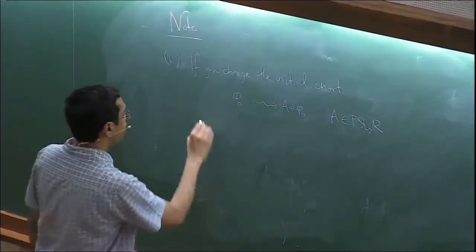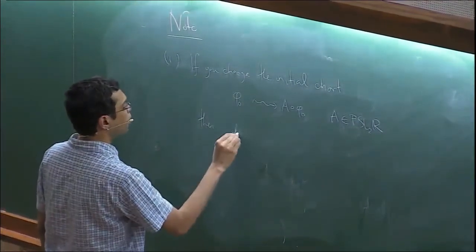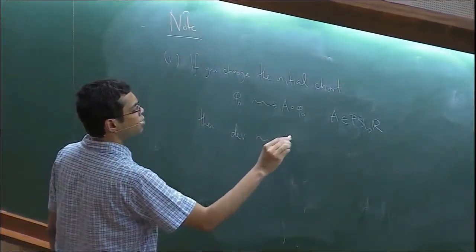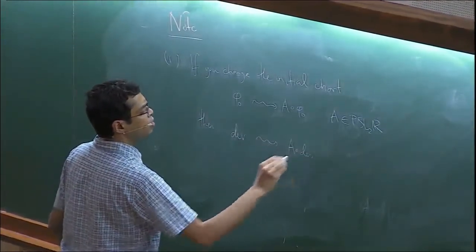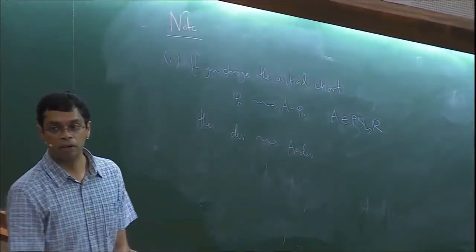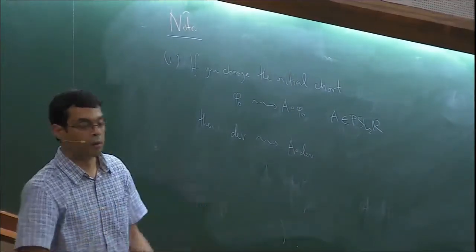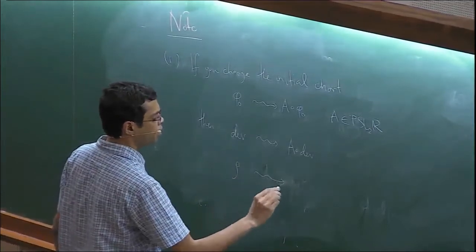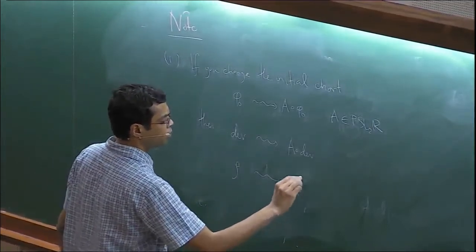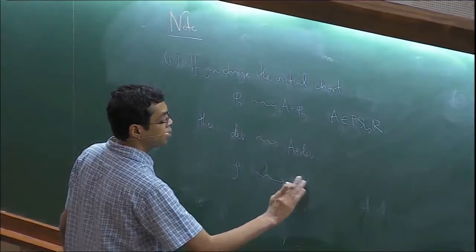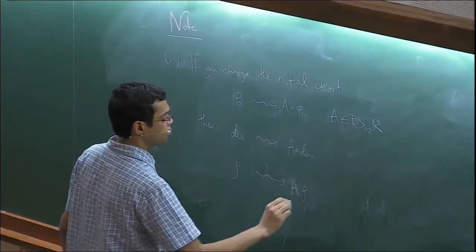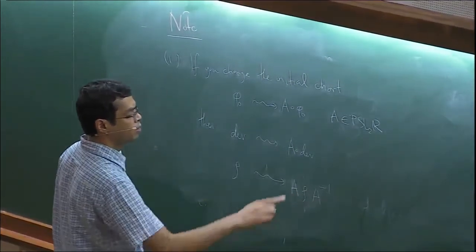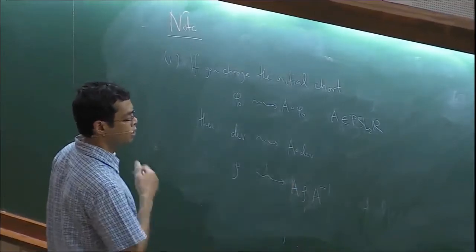Then it turns out the developing map just gets pushed by the same isometry. You get a different developing map, and the holonomy, this representation, gets conjugated.